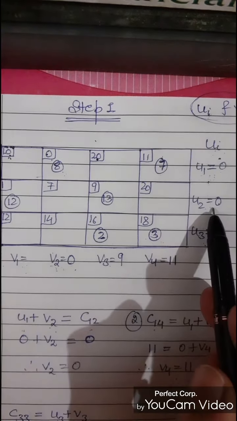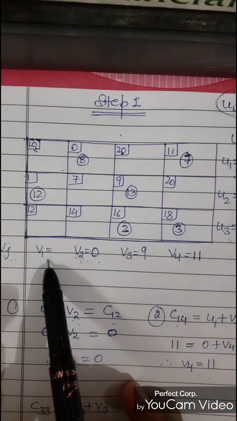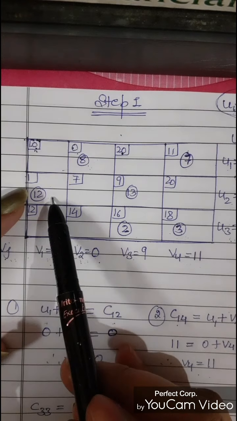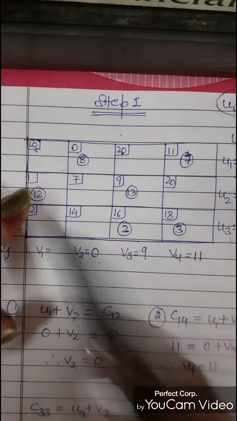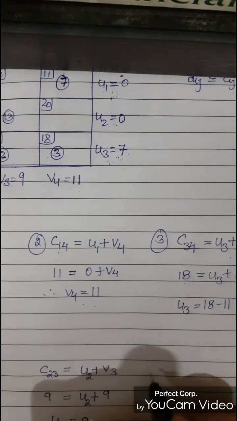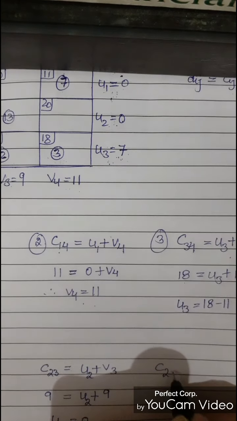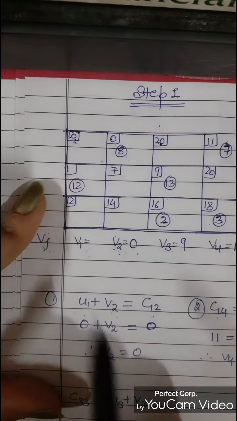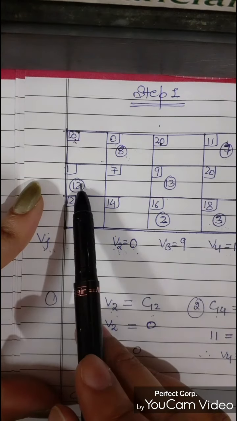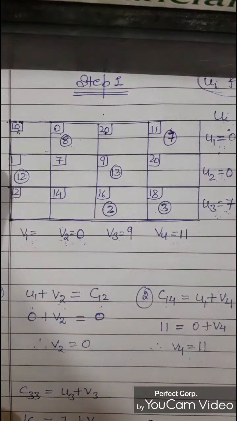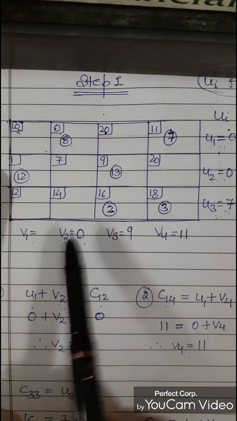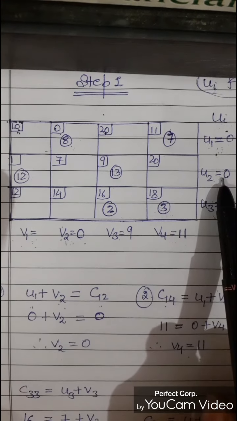Now with the help of this u2, I can calculate the value of v1. v1 can be calculated by using this cell because it has an allocation, and this cell is C21, that means second row and first column. For C21, the cost is 1. v1 I have to find and u2 is 0.